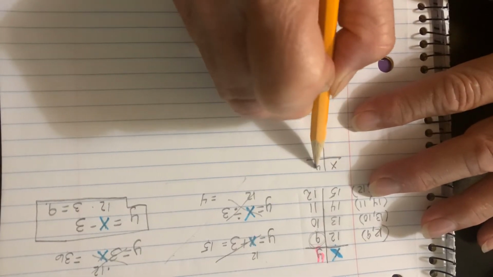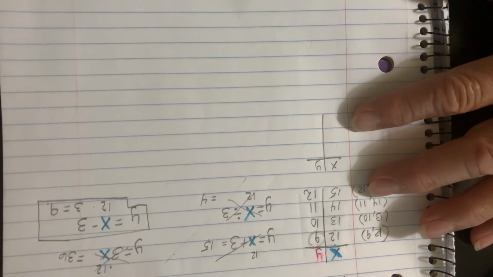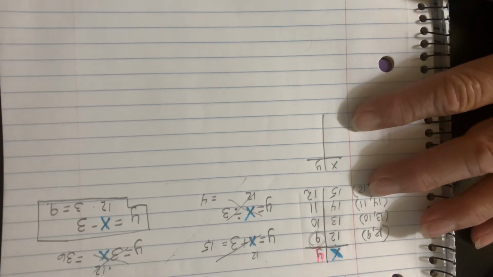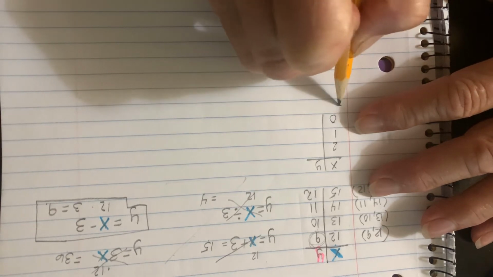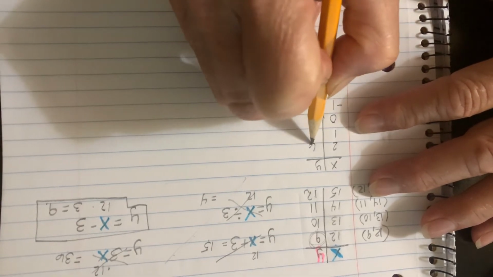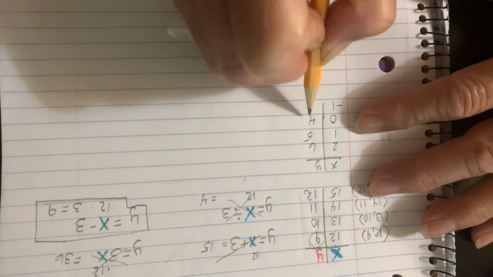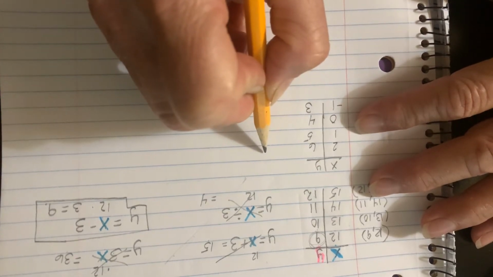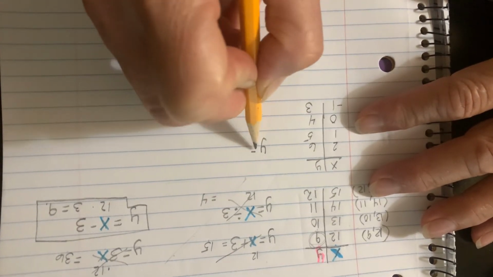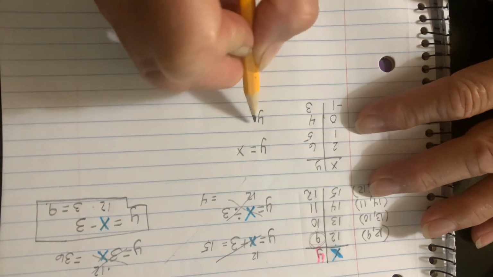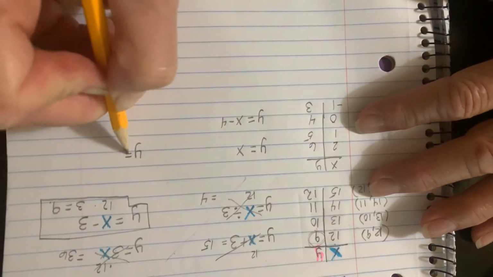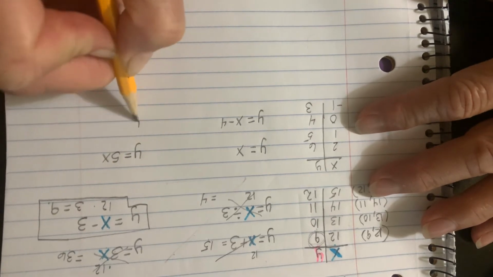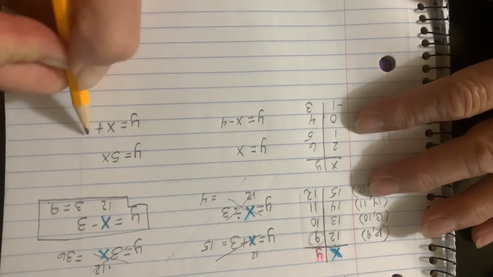So I have X and I have Y. For my X values, I'm going to put 2, 1, 0, -1. And for Y, I'm going to put 6, 5, 4, 3. My equation choices are Y equals X, Y equals X minus 4, Y equals 5X, and Y equals X plus 4.